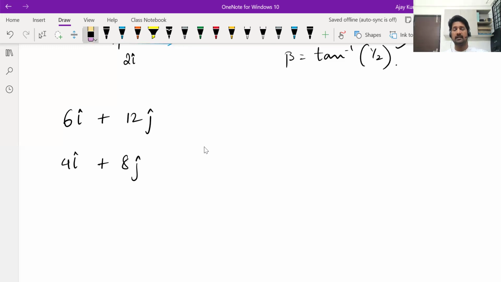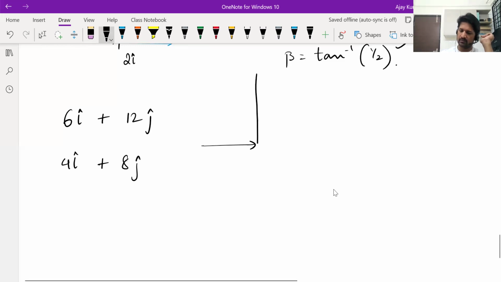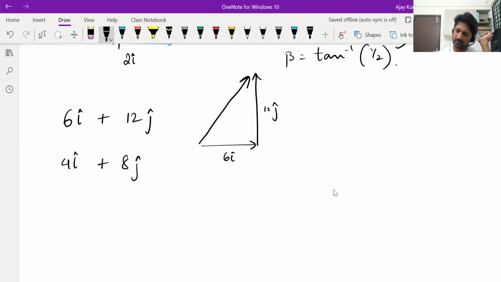How do you calculate the angle between the vector and the x-axis? Like the first vector, let us take 6i cap plus 12j cap. The vector will be like this. How do you calculate this angle alpha, Yusuf?